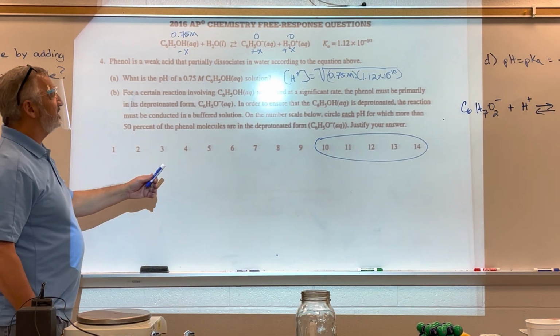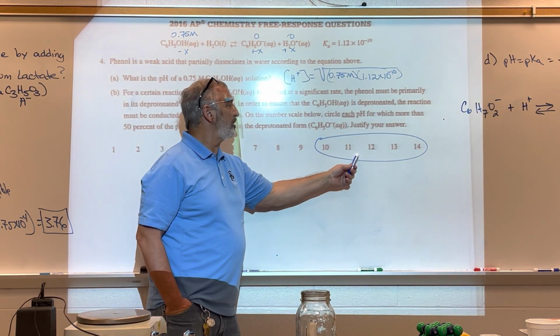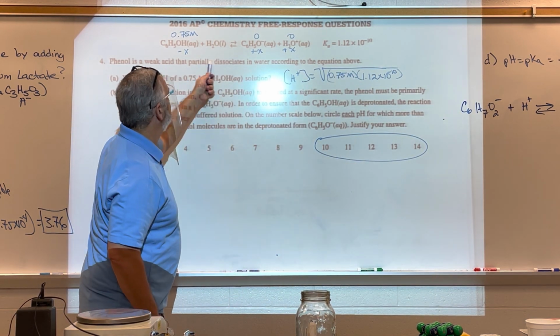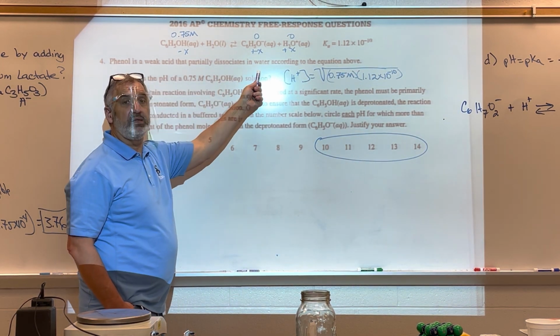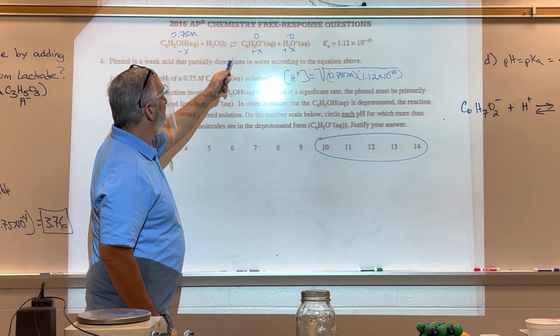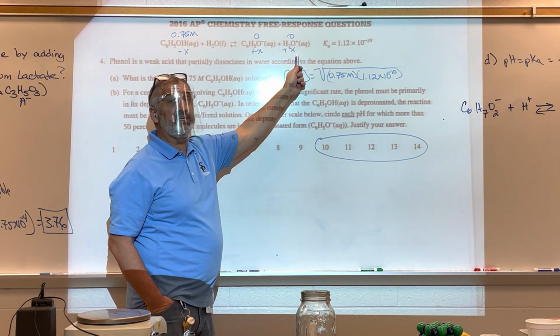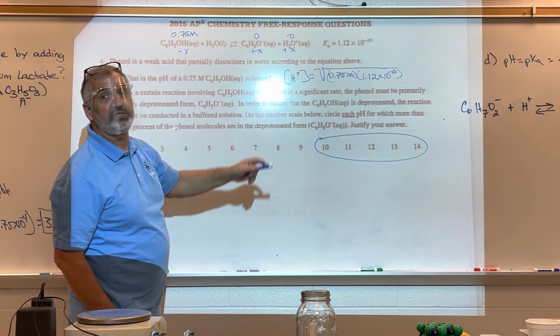Because the OH minus, as you get more and more OH minus here, that's going to keep pushing this to the right. It's going to pull this H plus off, or if you think about it as reacting with this, making water, pushing it to the right.